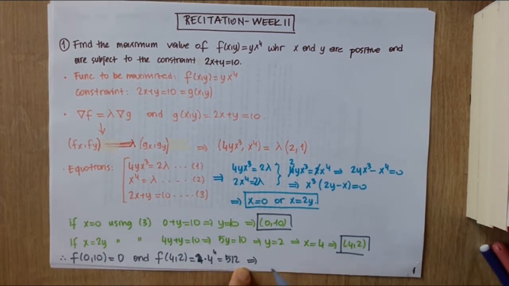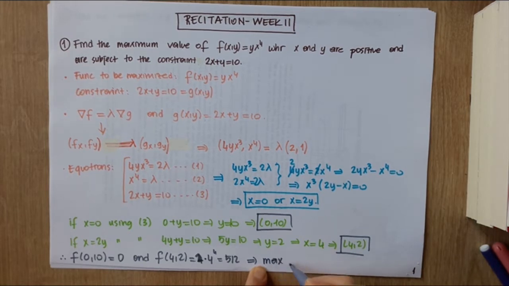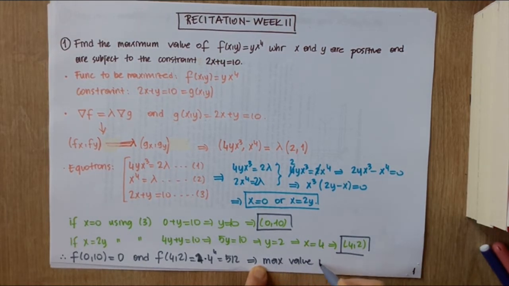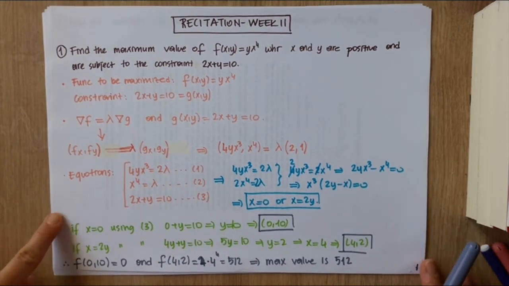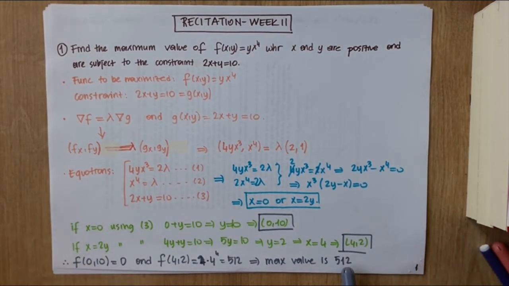So if you compare the results, the maximum value is 512. The maximum value of this function with the constraint 2x plus y equals 10 is 512.